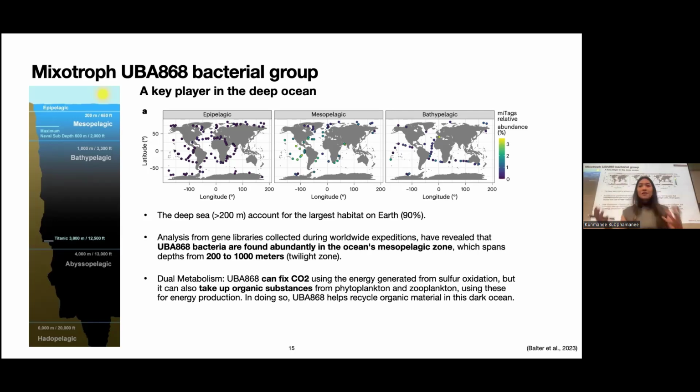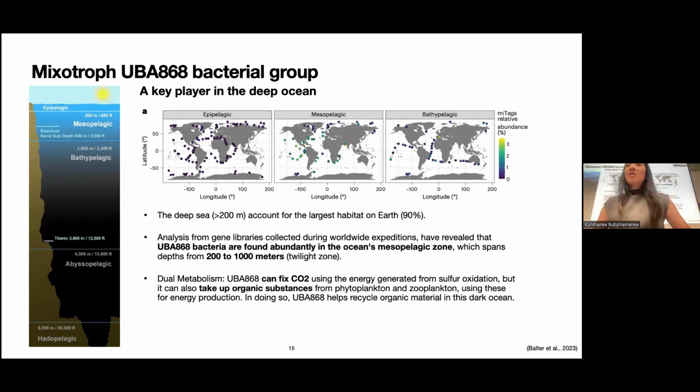So in current research, we believe that to regulate the carbon cycle, the players are either autotrophic or heterotrophic, but these microbes can do both. This metabolic flexibility allows them to thrive in this extreme environment and helps regulate the carbon cycle and organic material in the deep ocean where nutrients are limited. So it's really a cool player, and it extends its own ecological niche too.